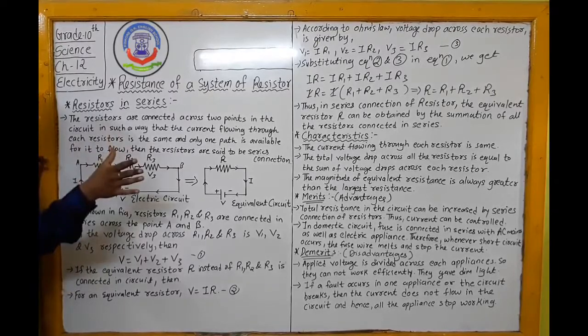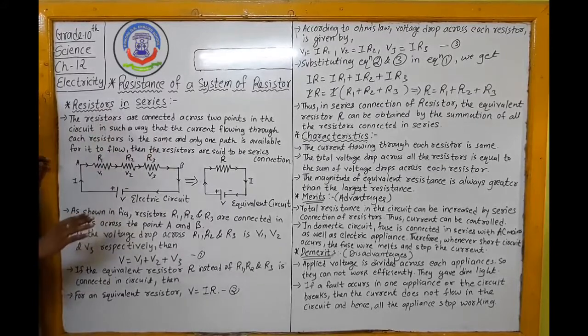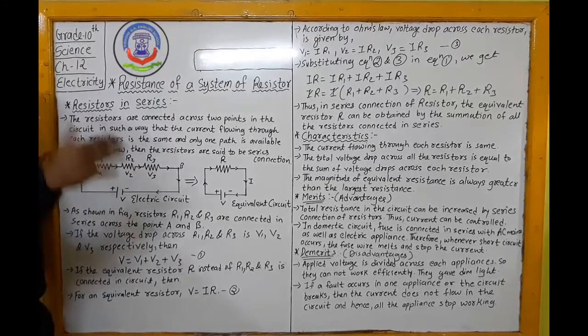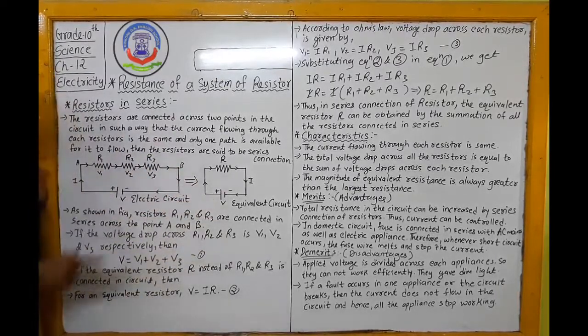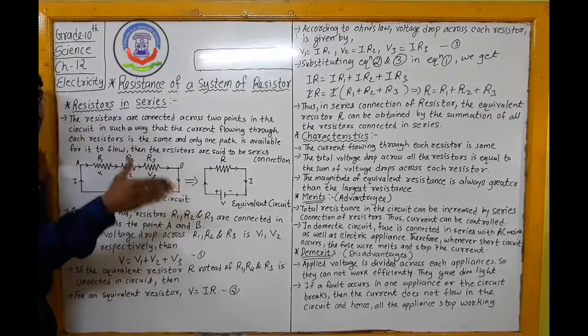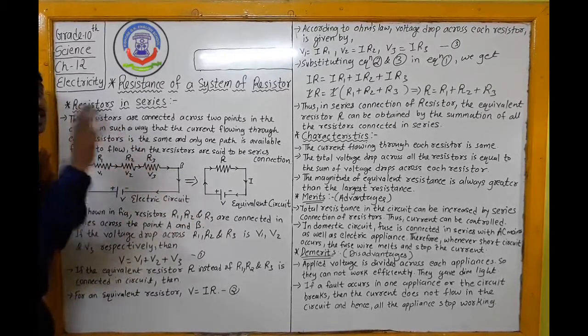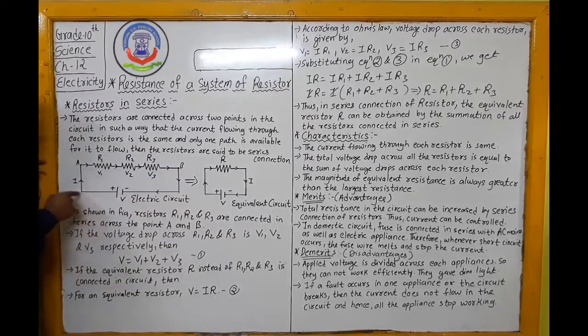One is conventional current, which was discovered before the 19th century, and after the 19th century when the electron was discovered, we came up with a new current, that is current due to electrons, which always starts from the negative terminal to the positive terminal. But for our convenience, we always represent the direction of current as conventional electric current, which starts from the positive terminal and goes towards the negative terminal. So this is the direction of your current.